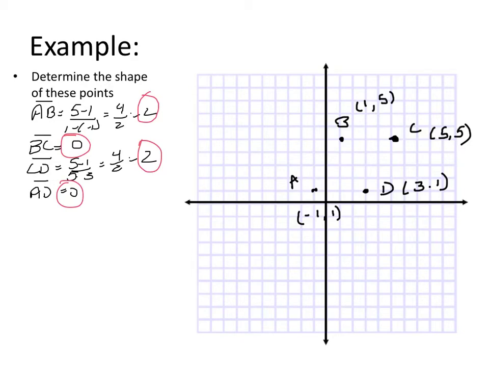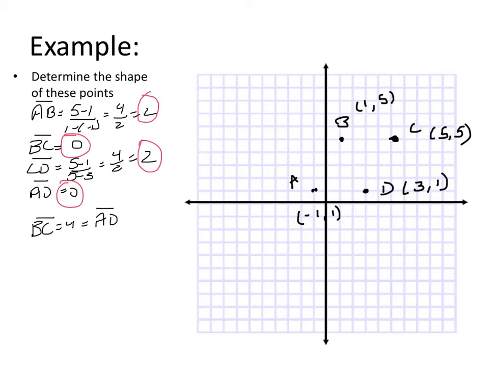Now we can use our distance formula to check what the distance is between these points. We can see that the length of BC is just 4, which is also the length of AD. So we know we have one set of sides congruent.